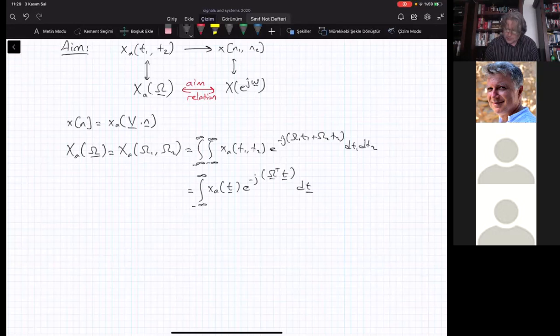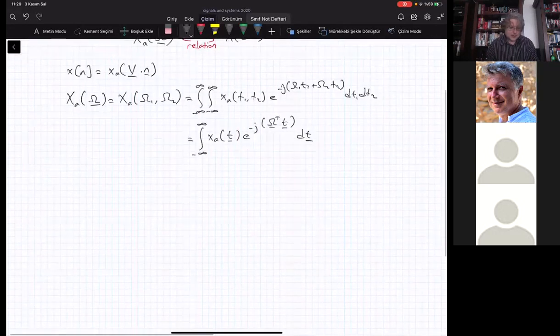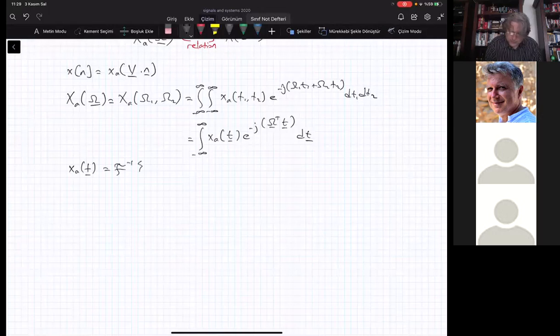Okay, so from here I can say that xa of t is therefore the inverse Fourier transform of xa of omega. It's like showing your left ear with the right hand, but when the formulation is inserted into the correct place, this would be meaningful.